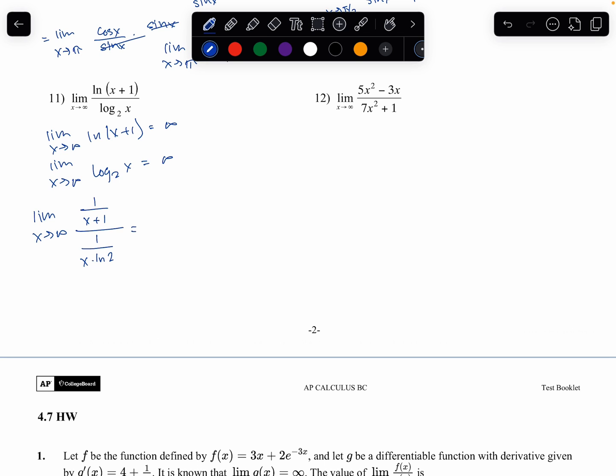So that's going to be equal to the limit as x approaches infinity of 1 over x plus 1 times x times the natural log of 2.